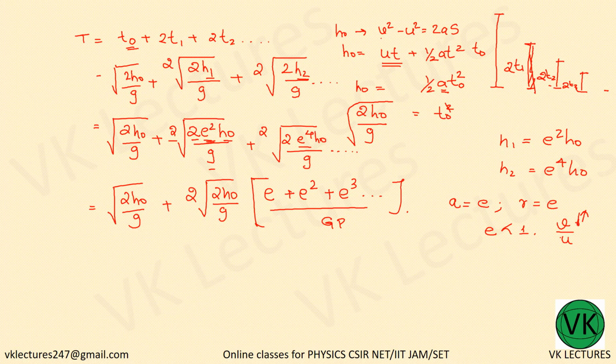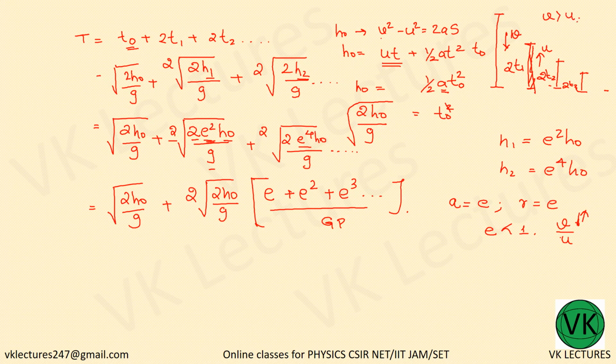For example, here if it is going down, this will be v, and if it is going up, this is u. So v will be always greater than u.